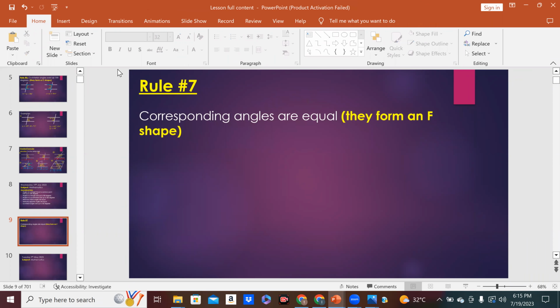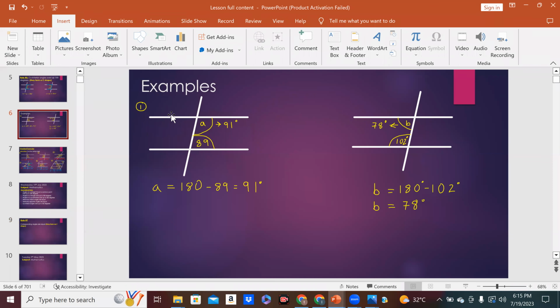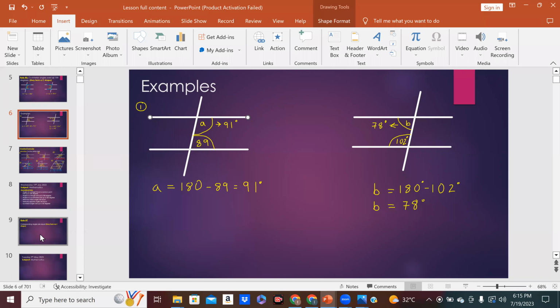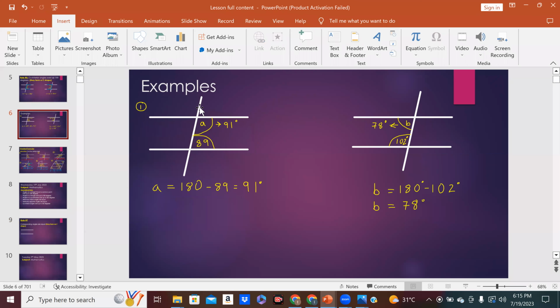So assume that we have two parallel lines similar to this. And let's say we have a transversal that cuts them both.